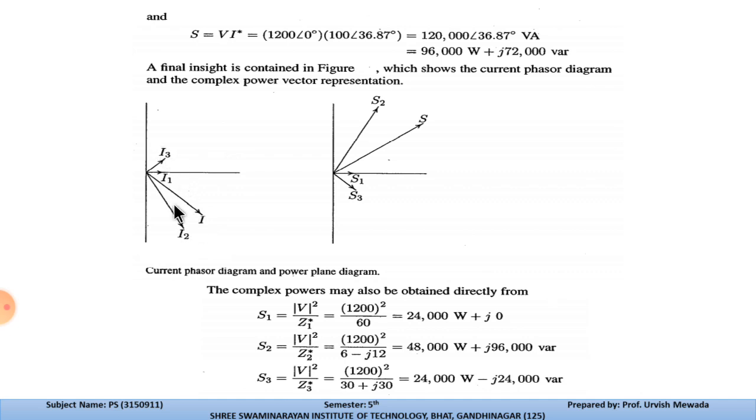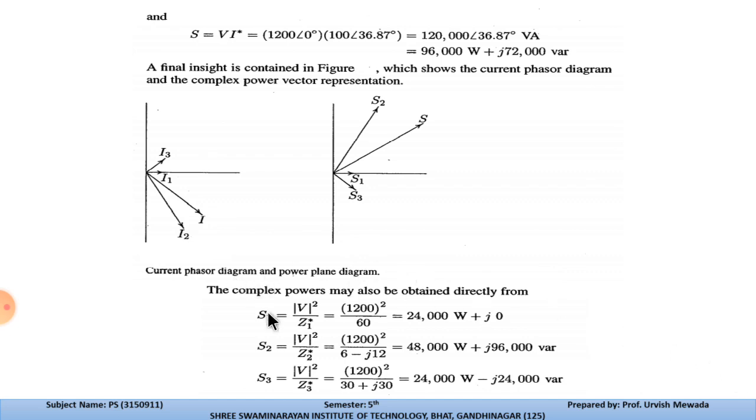And the resultant of all three is 80 minus j60. The resultant of I1, I2 and I3 is below the reference plane, because the minus sign indicates the current lags the reference line. So this is the resultant. This is how we can draw the vector diagram of all the currents and apparent power.